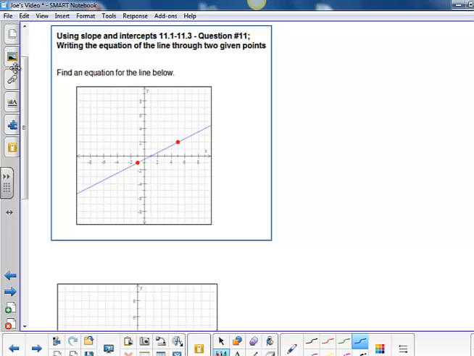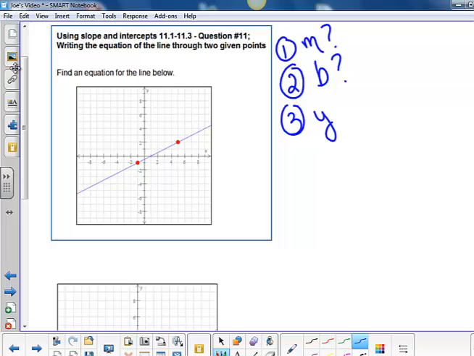This is by far the toughest one, because my y-intercept is not exact. It's going to be a fraction. We did this in 3 steps in class. The first thing we need to do is find the slope. The second is to solve for the y-intercept. Then we write the equation in y equals mx plus b.